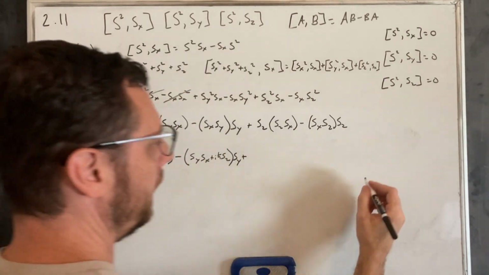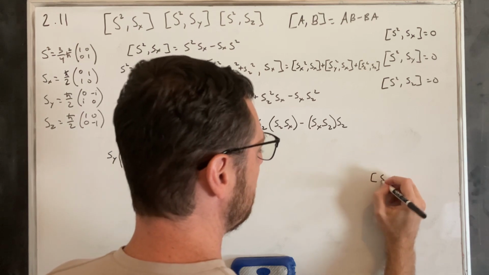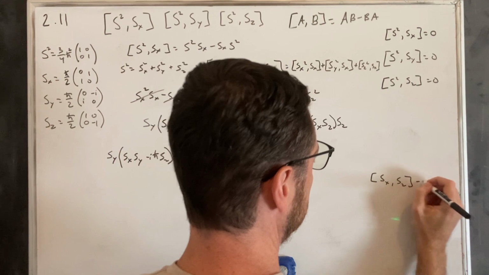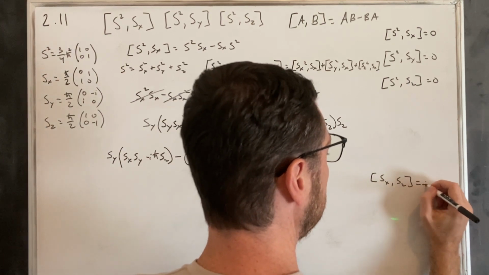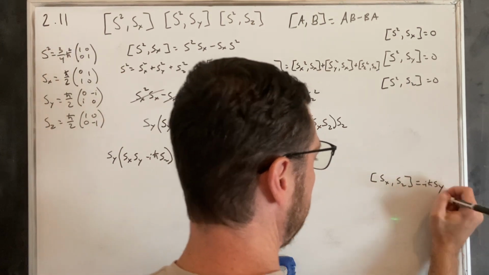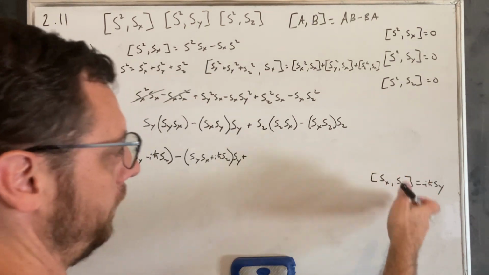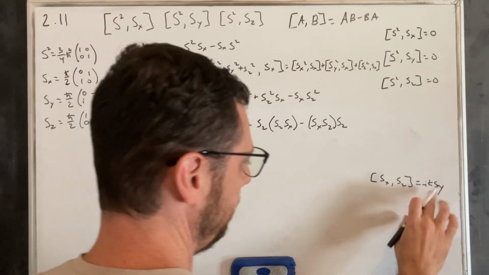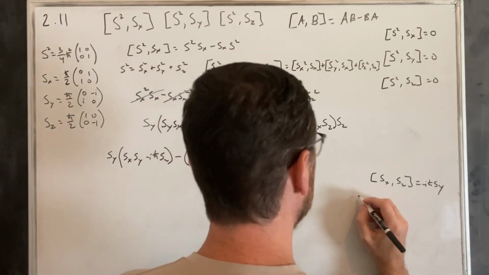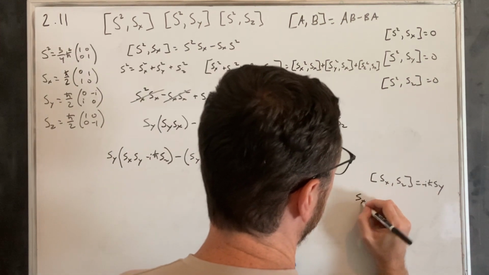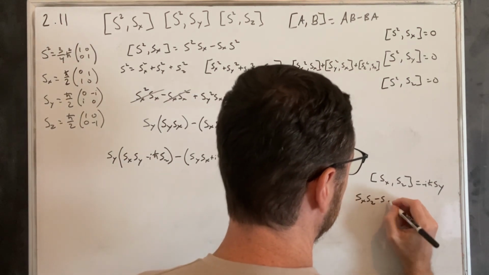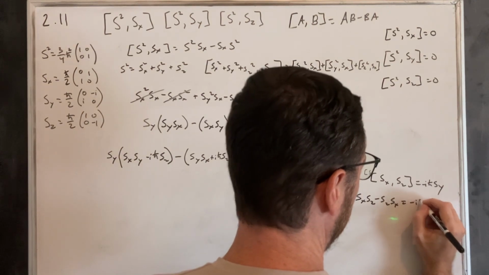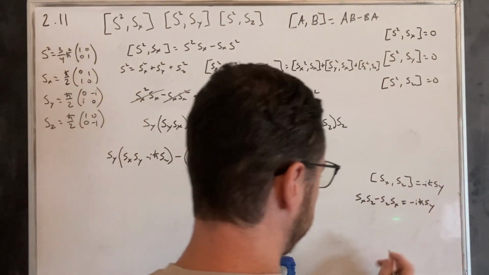For this one here, though, it's not in alphabetical order. So Sx Sz is actually negative i h bar Sy. Or you can do Sz Sx, and then it would be positive. Either way, as long as you get those signs right. So if I were to do Sx Sz minus Sz Sx, then I would get negative i h bar Sy.